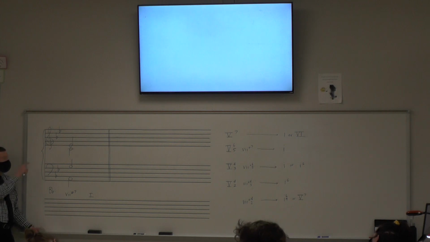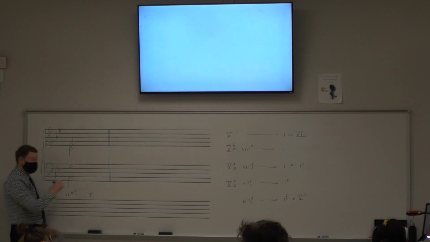Who can tell me which one of these pitches is a tendency tone? The G is a tendency tone. It's the 7th of the chord. So how is it supposed to move? Down by step, that's right.